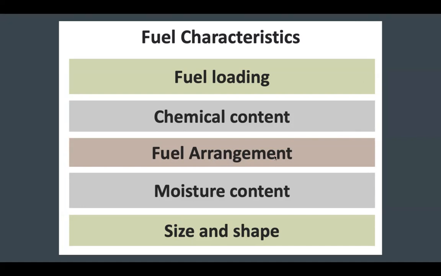Fuel arrangement, how is it laying in the burn unit? Is it kind of compacted down from snow, or is it really loose and it's been fluffed by wind? And then the moisture content is super important. When was the last time it rained? How much retained moisture is in the fuel that's going to carry your fire? And then the size and shape. Pine needles are probably gonna burn a lot faster than leaf litter, and then grass is gonna burn a lot faster than leaf litter.